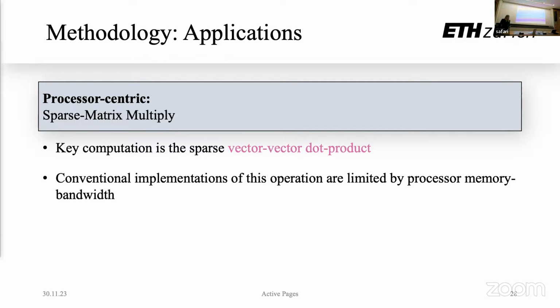As a comparison, in conventional implementations, the operation is done by the processor and starts by fetching the indices corresponding to each non-zero element of both vectors in the dot product. Then it needs to determine which of these indices match. And after that, it needs to fetch the data corresponding to these indices.